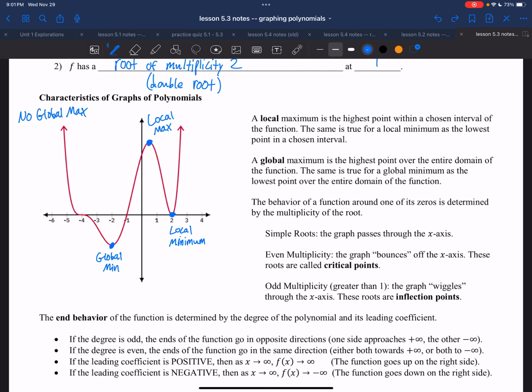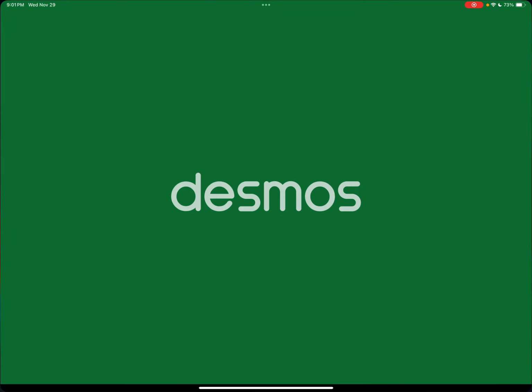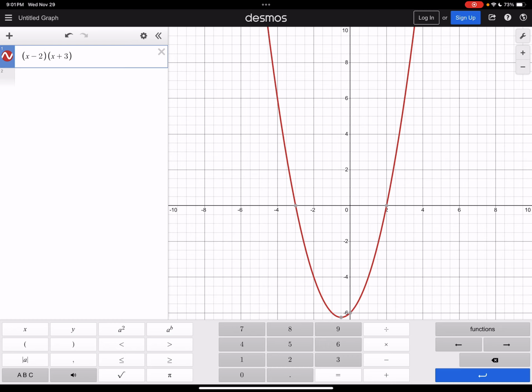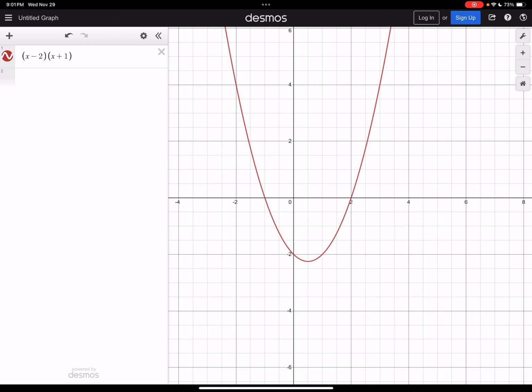You say, huh? What? And I say, let's go to Desmos. This is the best way I can illustrate this. So suppose I have two roots. Here's x plus 2 and x minus 2, x plus 3. You know what? I like 1 better. There it is. So you can see I have two linear factors, and they just pass through, right?